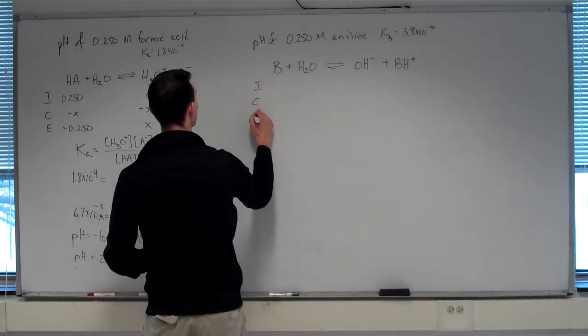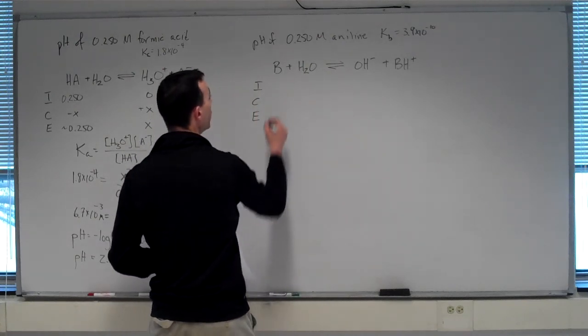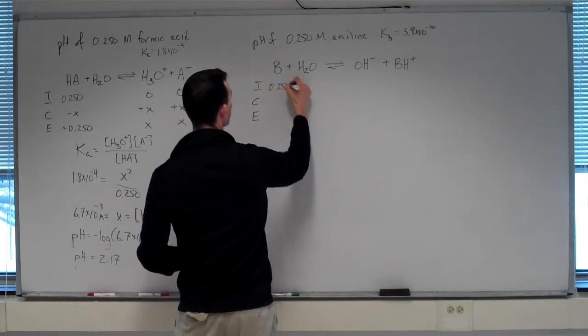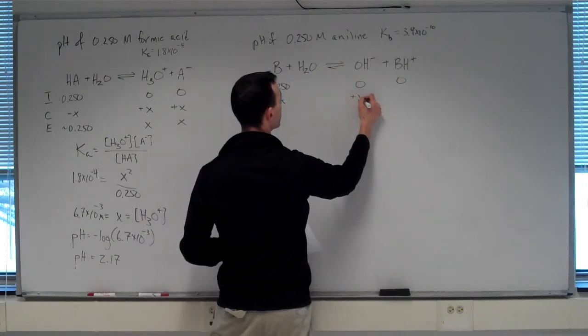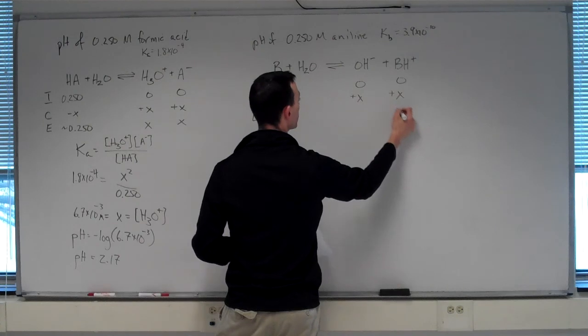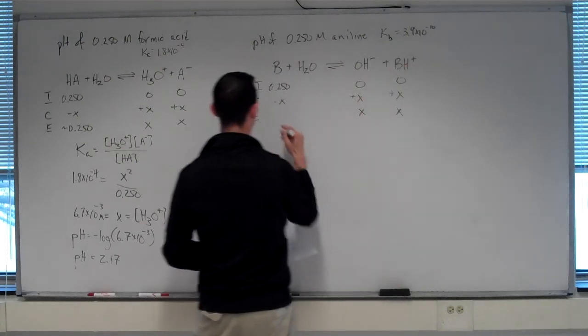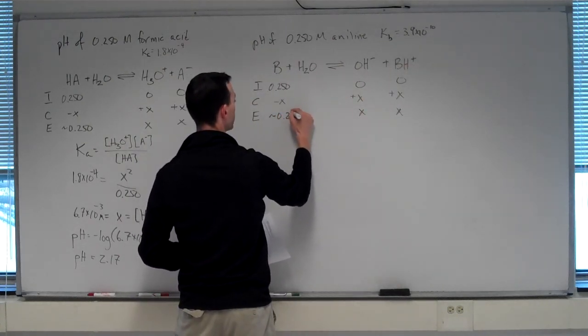The problem is essentially solved the same way though. Well, we have a 0.250 initially, zeros for our products, minus x, plus x. Certainly have a small enough Kb to use the approximation method.